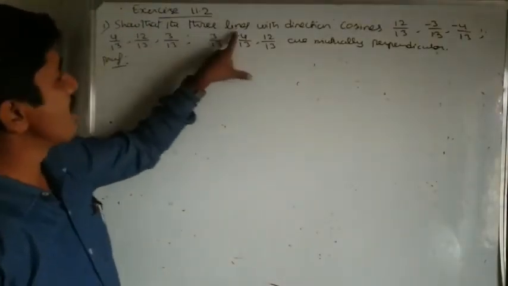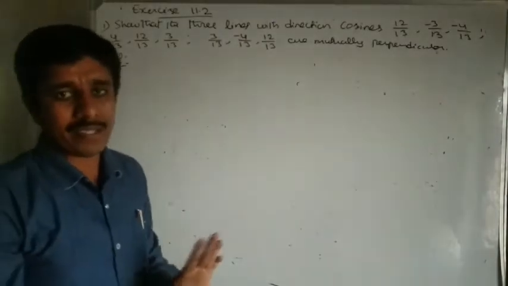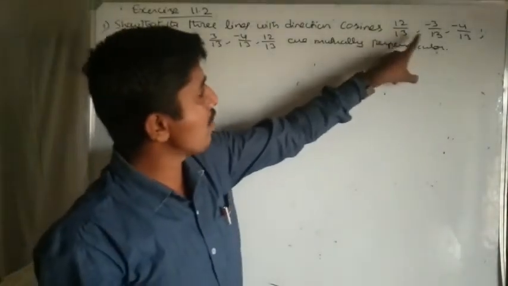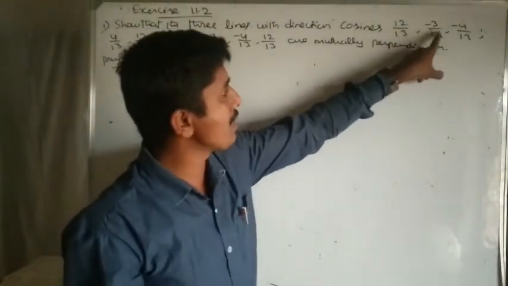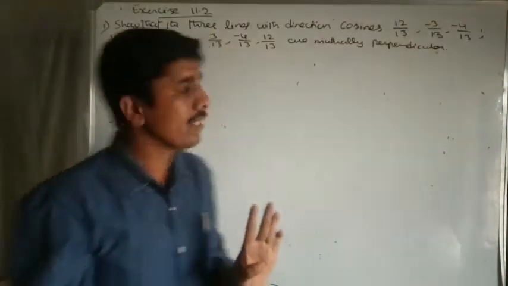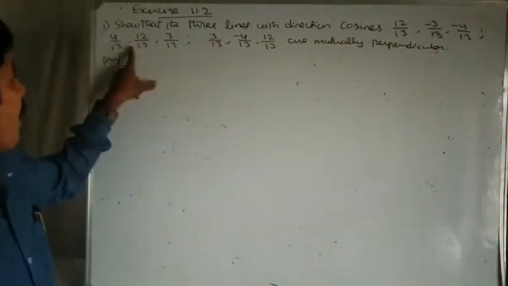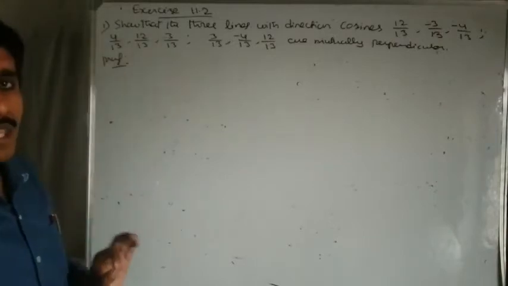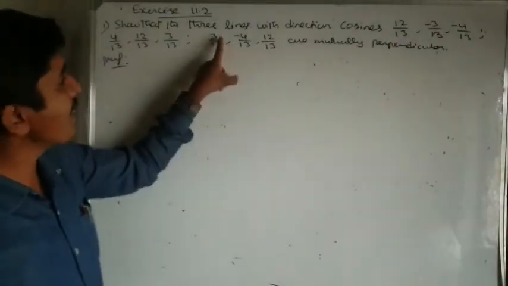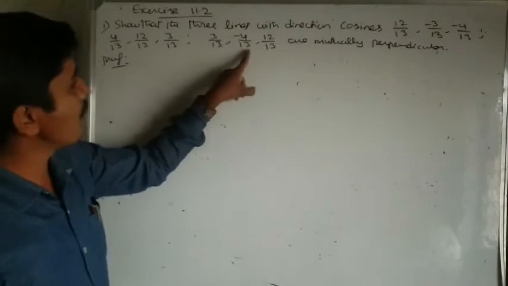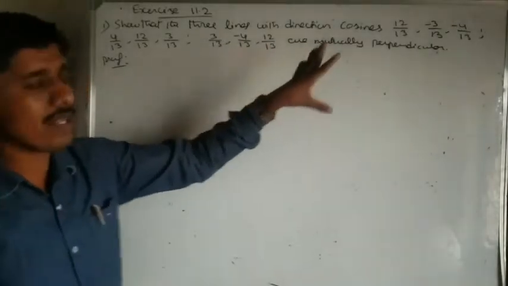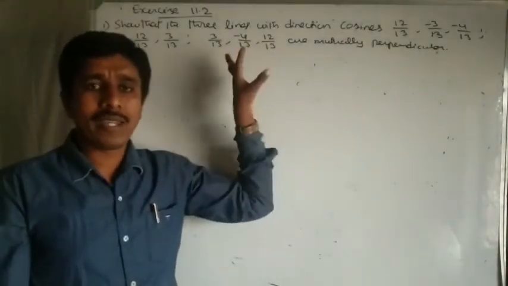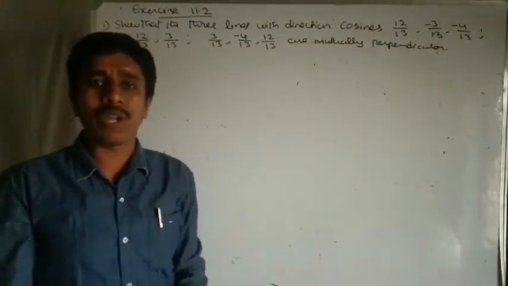Show that three lines with direction cosines. It is given that direction cosines of first line 12 by 13, minus 3 by 13, minus 4 by 13. Direction cosines of second line 4 by 13, 12 by 13, 3 by 13. And direction cosines of third line 3 by 13, minus 4 by 13, 12 by 13. Here we have to prove that three lines are mutually perpendicular to each other.